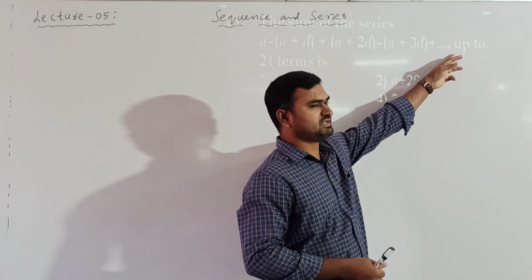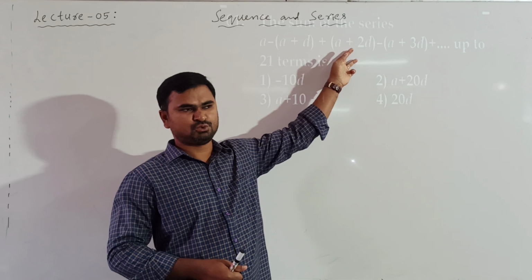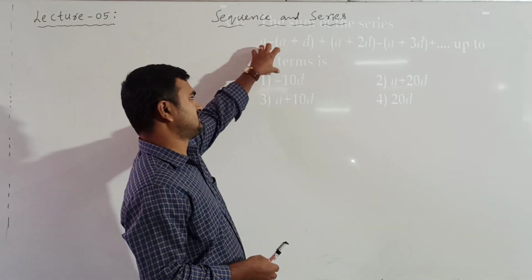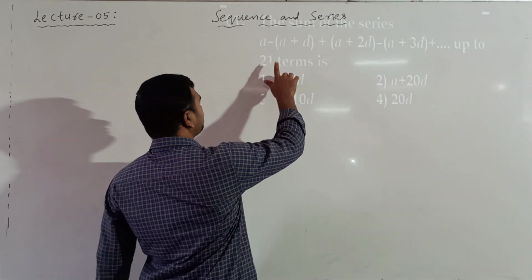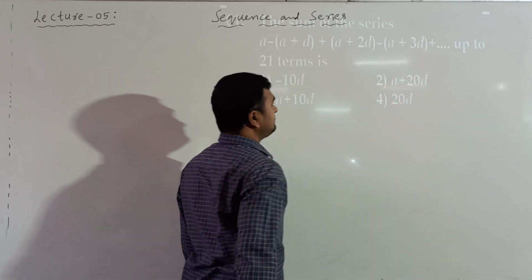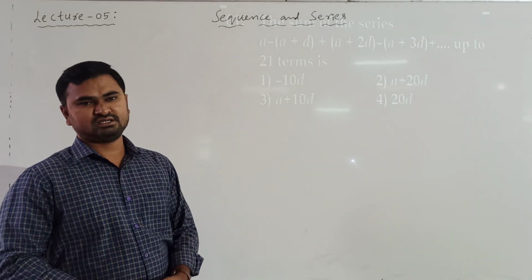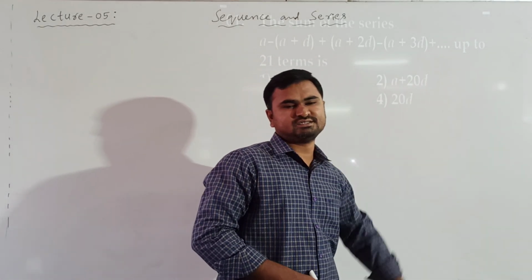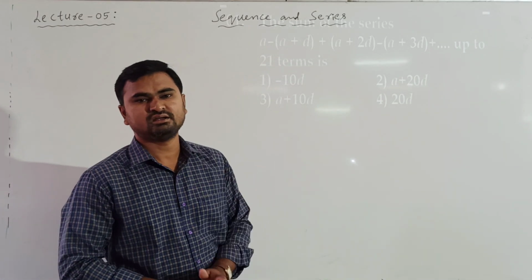Similarly, for even terms, minus of a plus d, minus of a plus 3d, if you take the difference, we get minus 2d. So again the difference is same, which means it is also forming an AP.